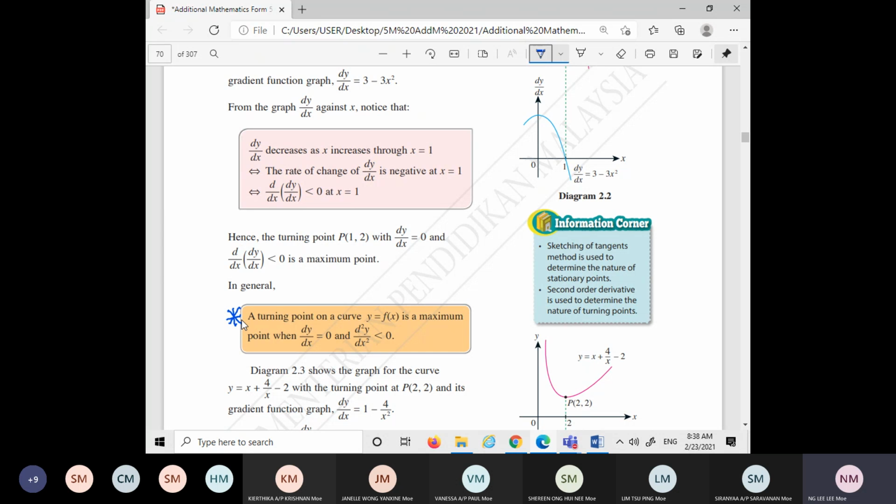You learned the second derivative, now is the time to use it. A turning point on the curve is a maximum point when dy/dx is equal to 0, this is confirmed, because the gradient must be 0, and the second derivative is smaller than 0. Remember, smaller is maximum.